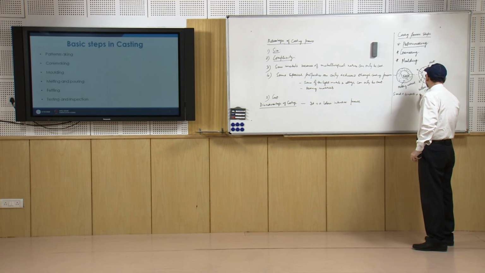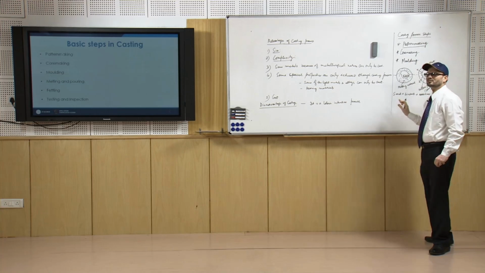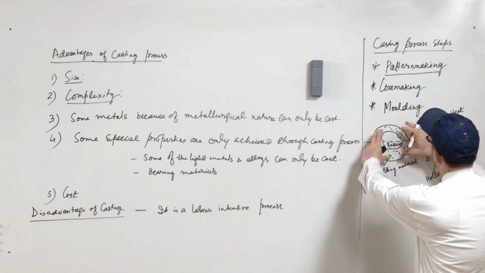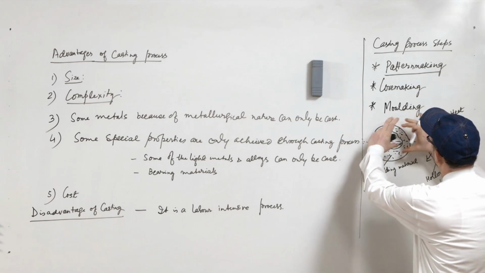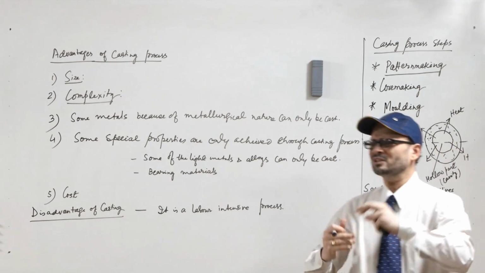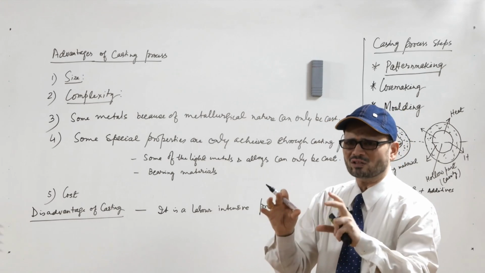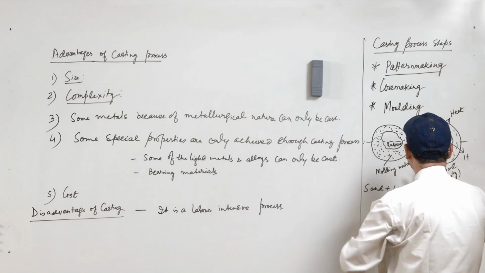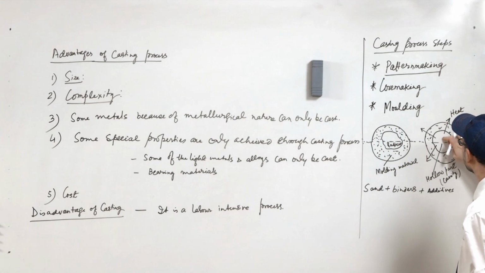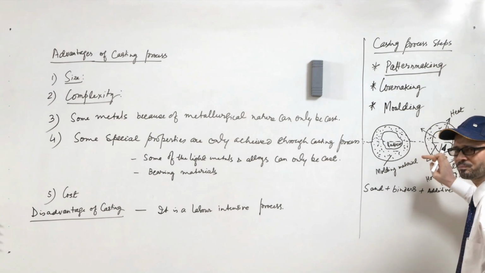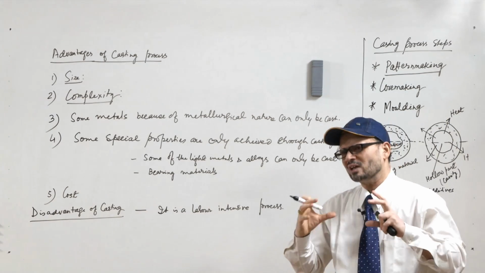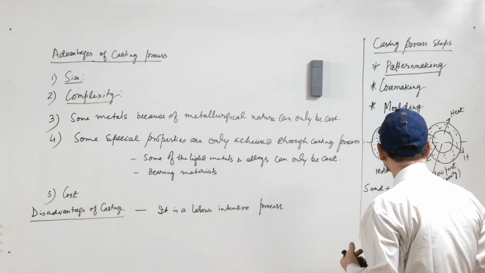You also add additives, and we will discuss later what the functions of the binders and additives are. We put all that so that it has a flowable property, it goes around the pattern and takes all the minute details, and then when the metal is poured it gives you the cast product after solidification.